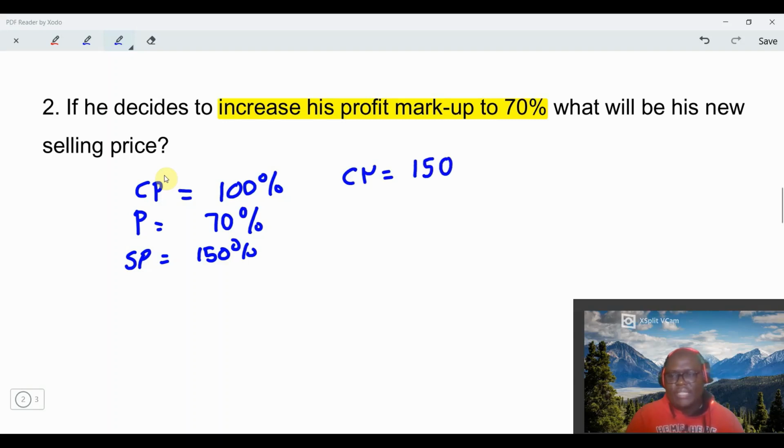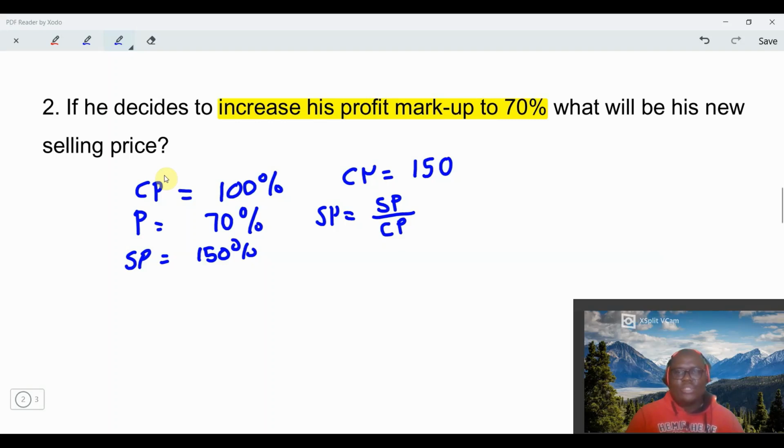The only thing that changed is your profit markup, and then from there you use that formula that I was showing you. Just say selling price is equal to selling price percentage. Remember I said we are talking about percentages here, right? Include that selling price percentage, and then over the cost price percentage, because this is what you are given.